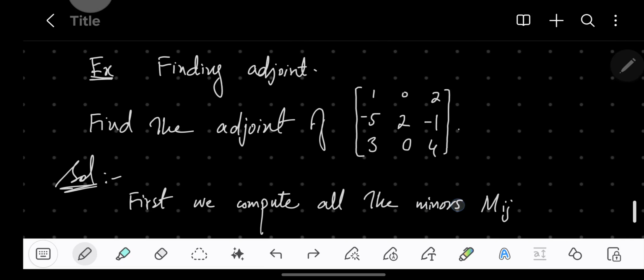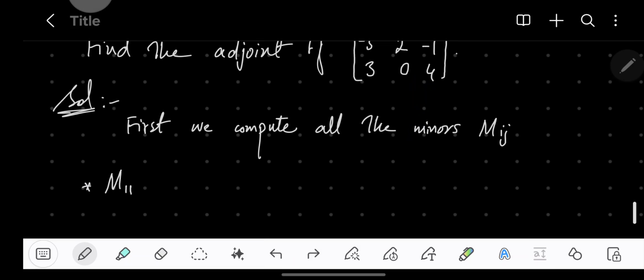For M11, this is the first row and the first column. So I will delete this and find the determinant of this submatrix, 2 -1 0 4. You can check it is 2 -1 0 4. If I calculate this determinant, I will get 8. The next minor is M12.